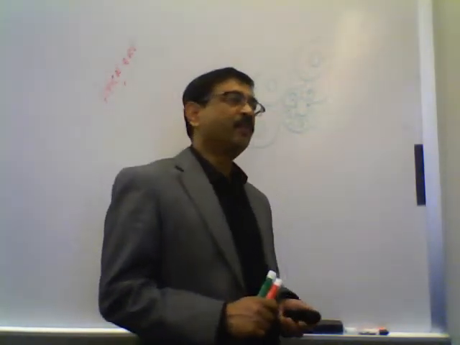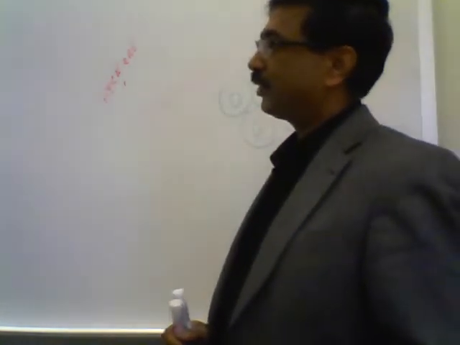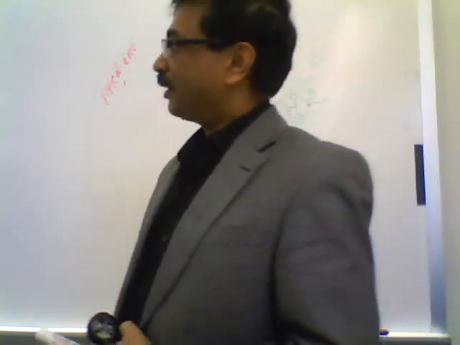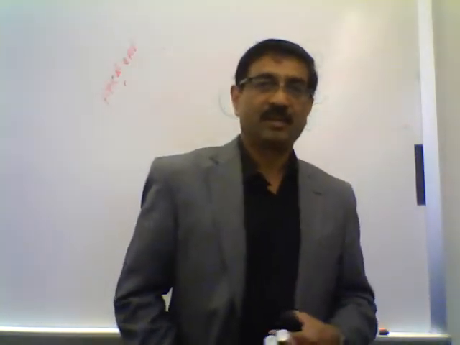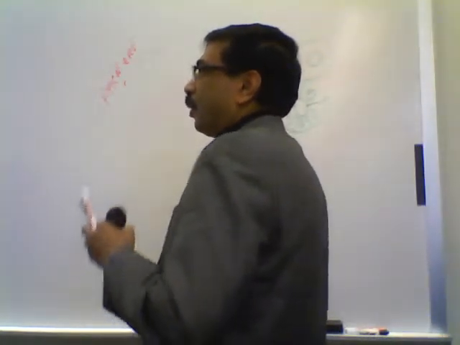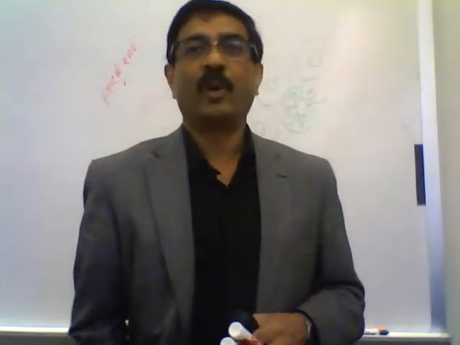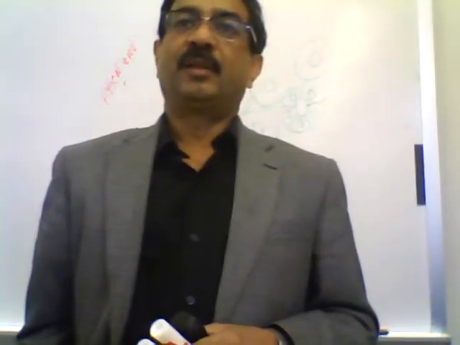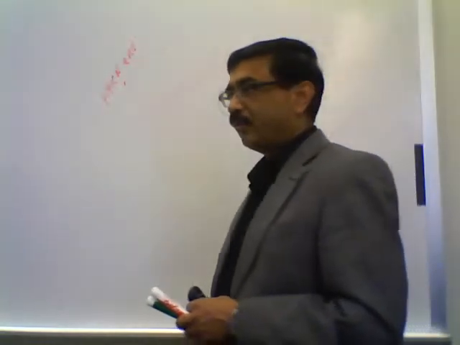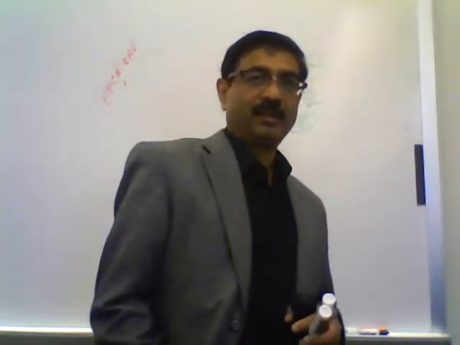This is a simple columnar. This is very easy to see. You see that on each side you have a single layer of tall columnar cells. So, simple columnar. Where will you find the simple columnar epithelium? Number one, in your gastrointestinal tract from the stomach all the way down.